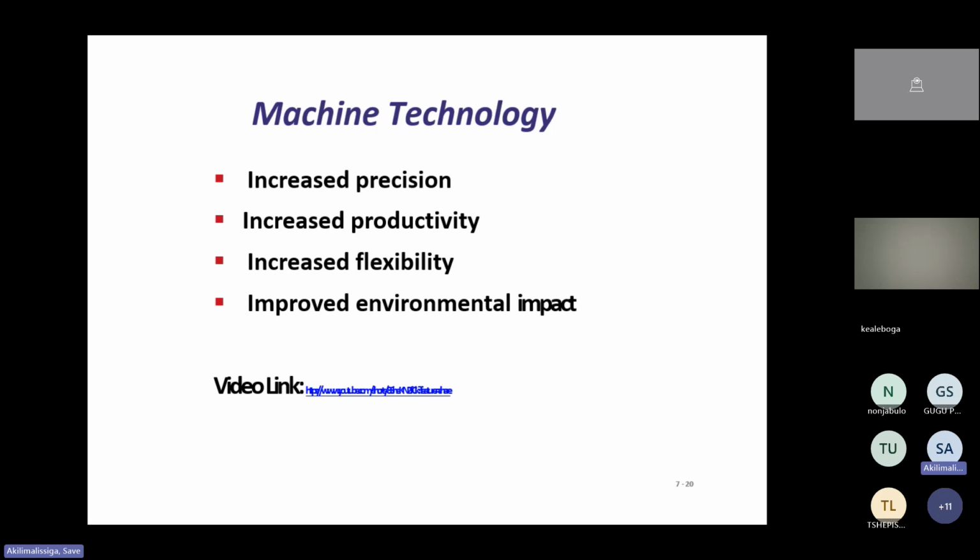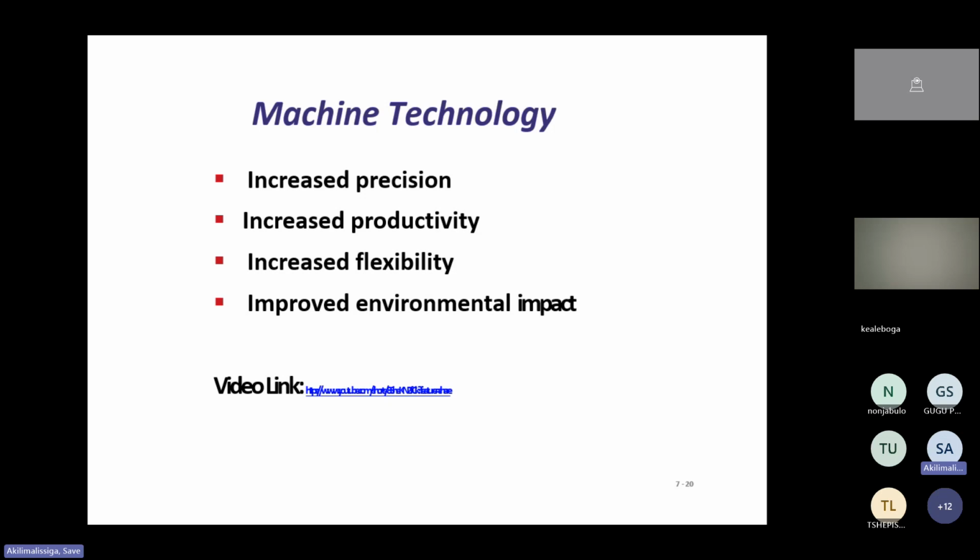Because they want to increase precision if they're in manufacturing, which is for specifications of product. Increase also productivity. This could be also in the service sector, not only the manufacturing or production sector. Increase flexibility and also improve environmental impact.